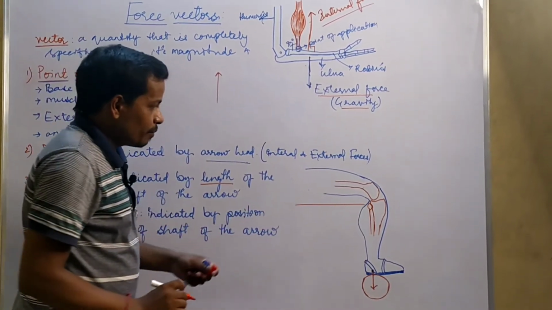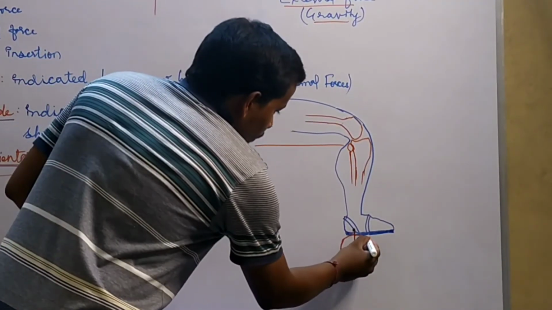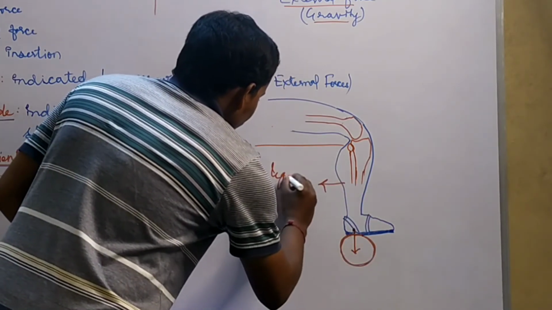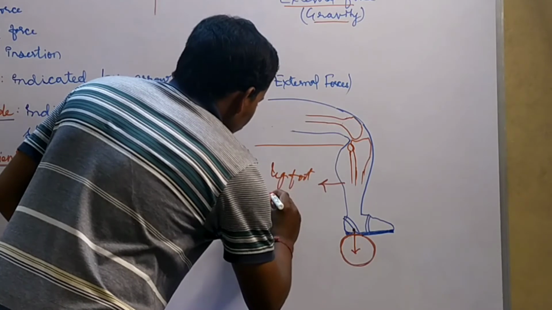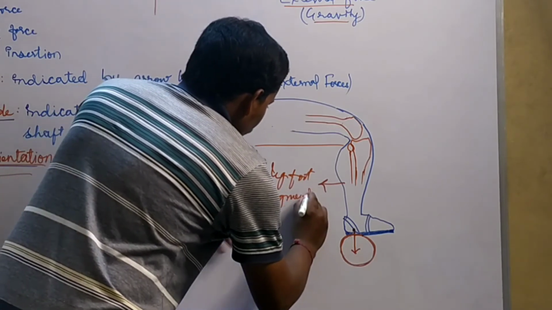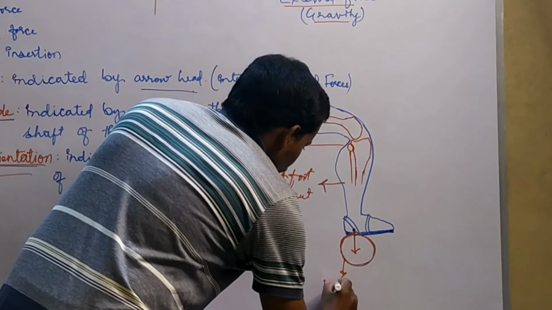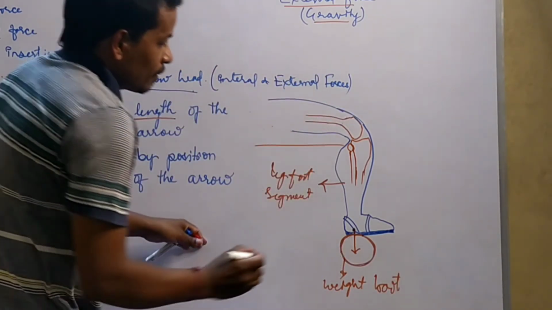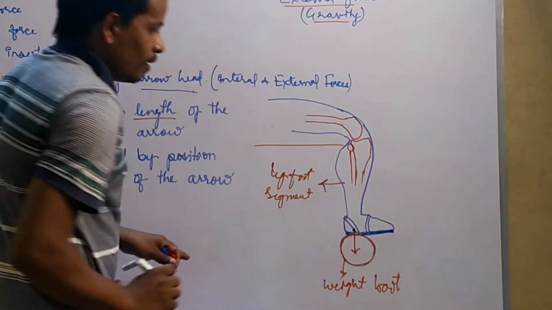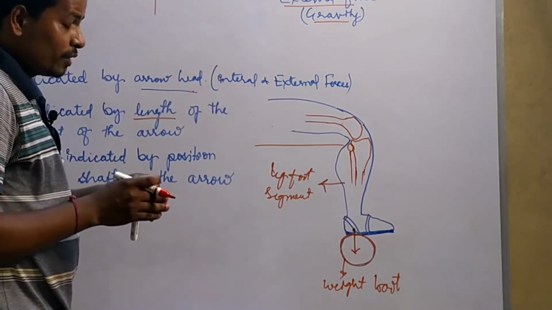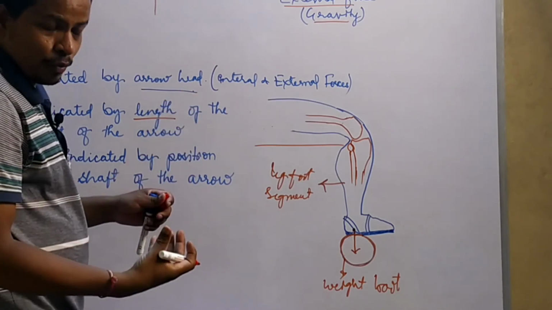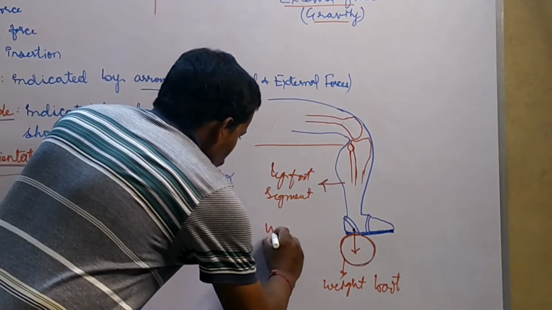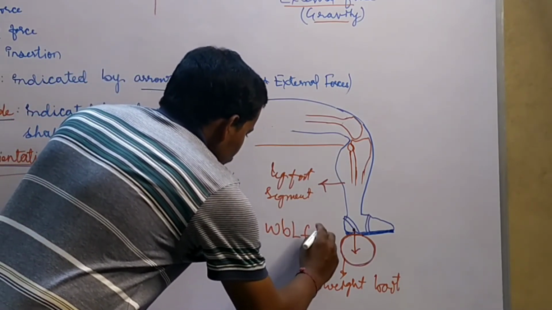Now, if you take this example, this is the leg-foot segment, and this is the weight boot. The weight boot contacts the leg-foot segment and creates a pulling force in the downward direction, and this force vector is represented as weight boot on leg-foot segment.